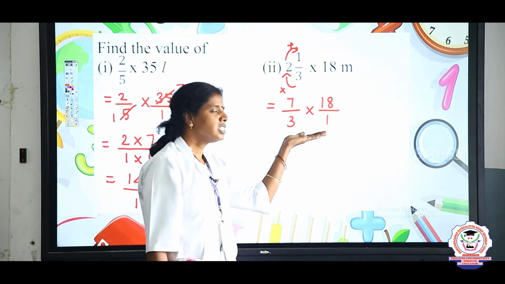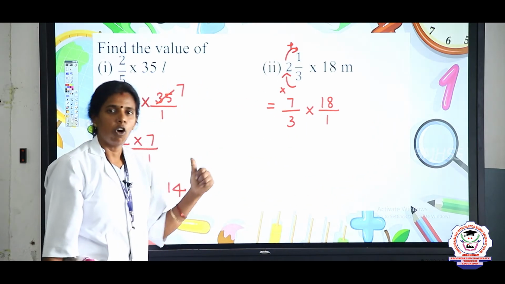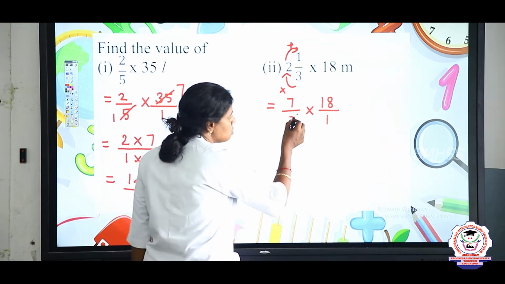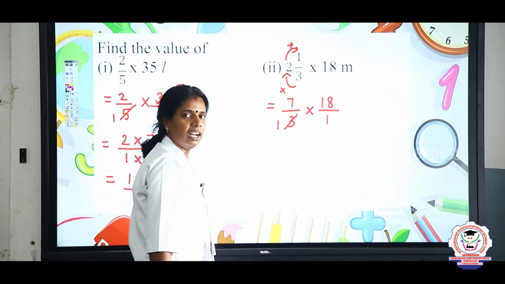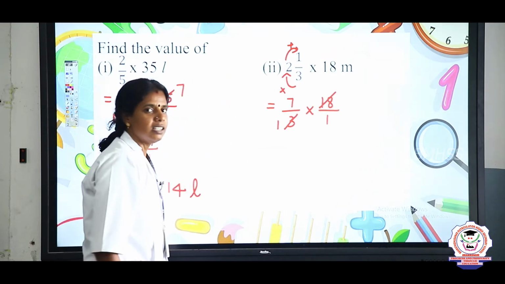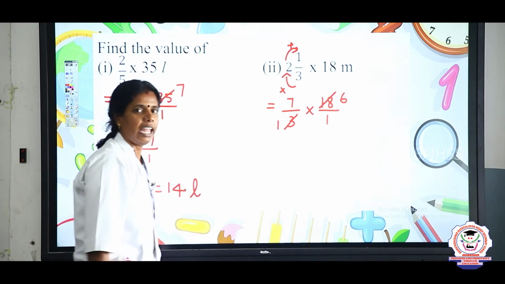Okay, now reduce this to the simplest form. 18 and 3 both have a common factor in the 3 table, right? So, we can cancel using 3. 3 ones are 3, and how many 3s in 18? 3 sixes are 18, 6 times we can get 18.